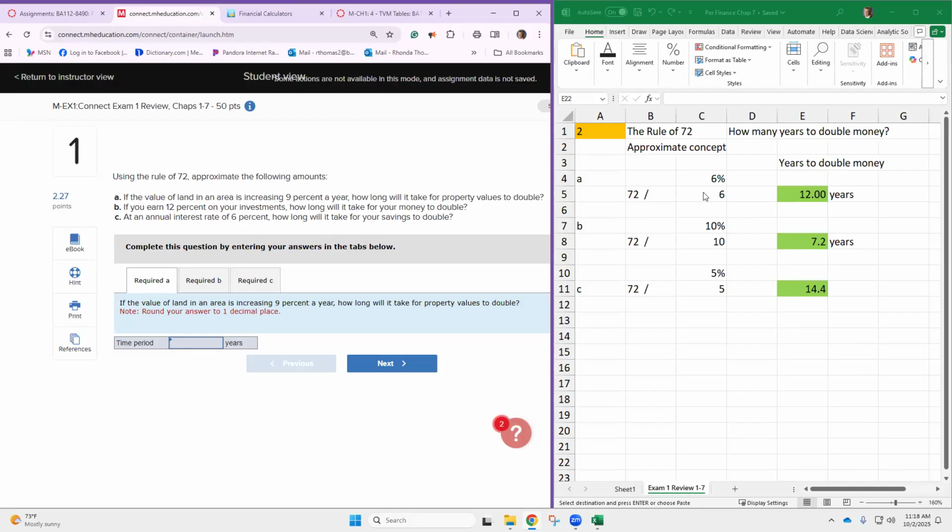Keep the percentage as a whole number. Don't change that into a decimal, because you will not get the same answer. And then I've got to put in my formula or it won't calculate right. So if you want to write yours down or just figure them on a calculator, that's fine.